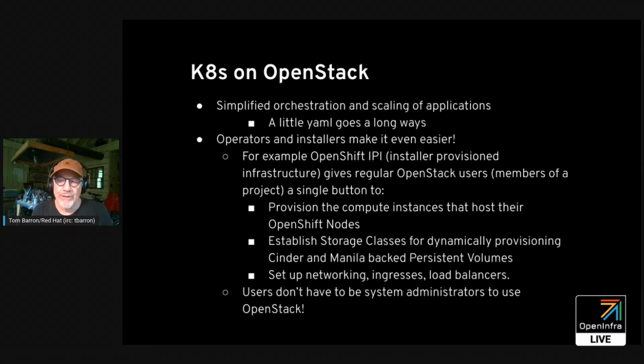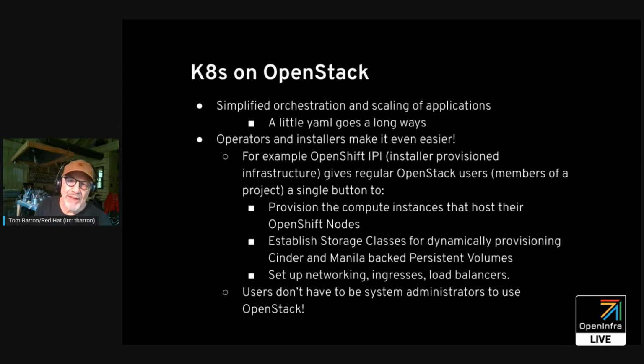For example, with our distribution for IPI, installer provisioned infrastructure, a regular OpenStack user, a member of a project, nobody special, can effectively press a single button and it provisions all the OpenStack compute instances they need for their OpenShift nodes.